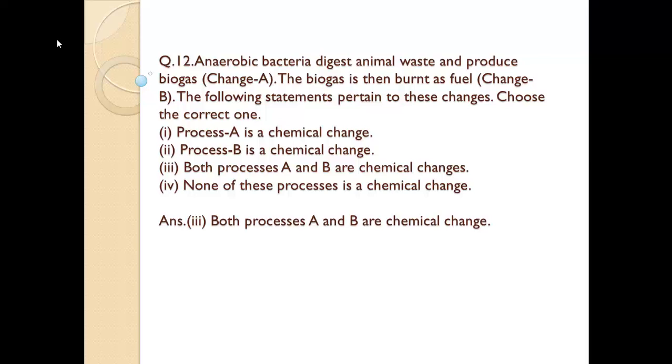Burning of a fuel is also a chemical change. Process B is a chemical change. That is also correct. Both processes A and B are chemical changes. That is correct. None of these processes is a chemical change. So we can write the option both processes A and B are chemical changes. That is the correct one.